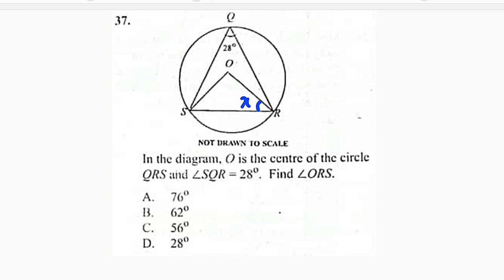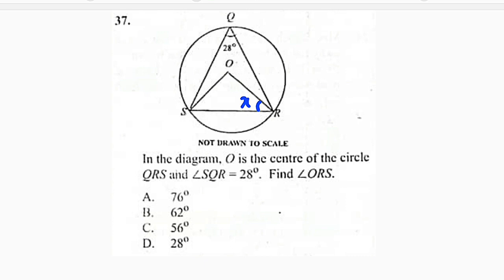What you should know about this relationship between this triangle and the major triangle, you can see we have a chord here. The same chord subtends two angles, one at the center and the other one at the circumference. So according to the cycle theorem, angle subtended at the center is twice the angle subtended at the circumference, if they are all subtended from the same chord.